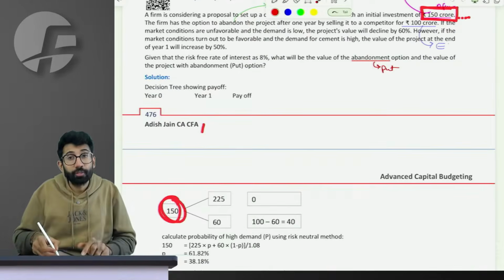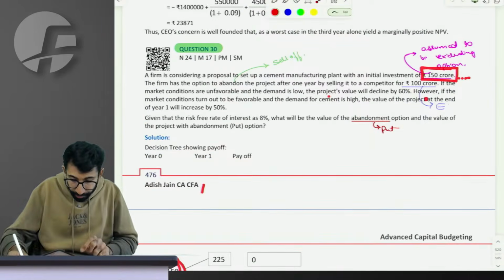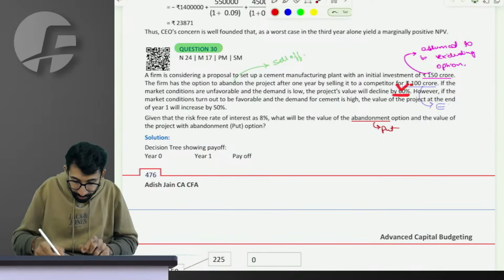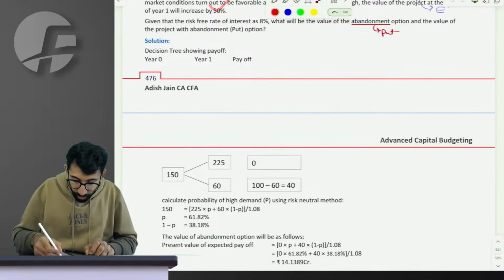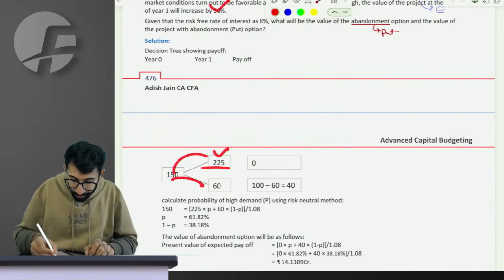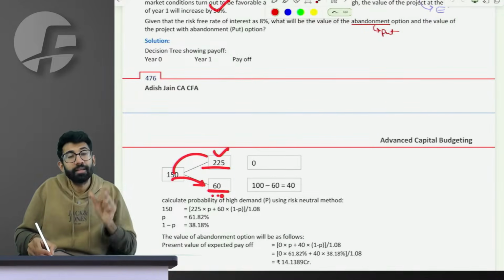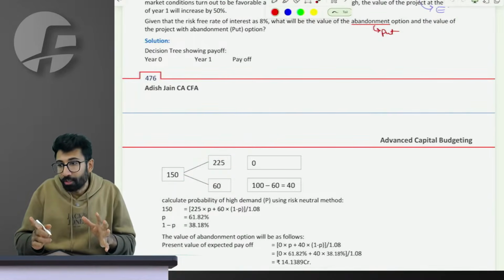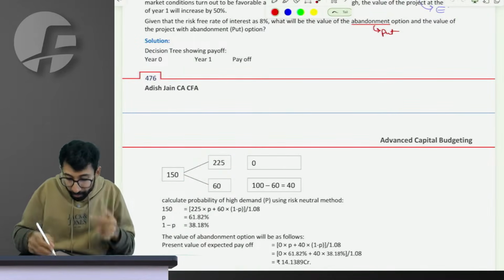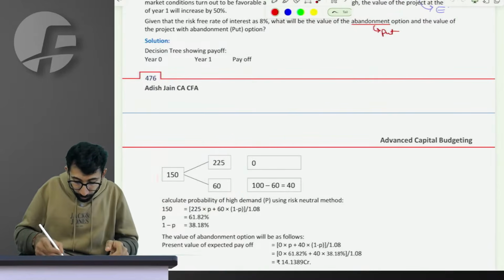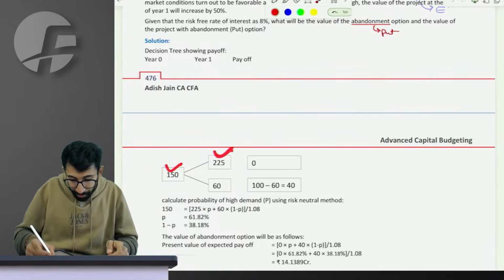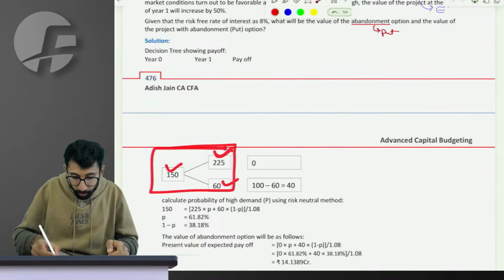This 150 crore investment after a year can decline by 60% and increase by 50%. So an increase by 50% is 225, a decline by 60% is 90 decline, which leads to 60 crore value. So in the spot market, the value of the underlying asset from 150 can change to 225 and 60. Are you able to relate it to the binomial?